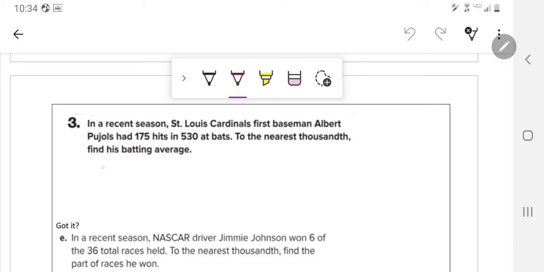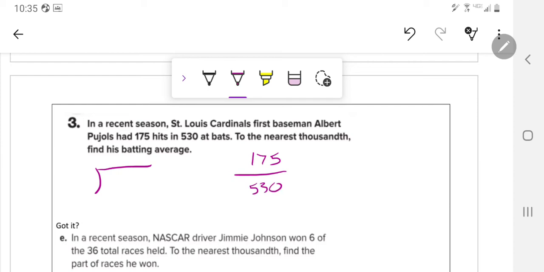So for this, the first baseman, Albert Pujols, had 175 hits in 530 at-bats. To the nearest thousandth, find his batting average, okay? So if we were to write that as a fraction, we would write it as 175 out of 530 total at-bats, okay?